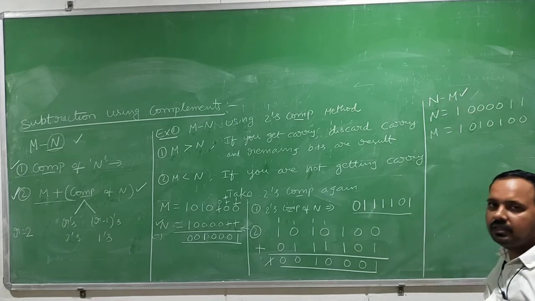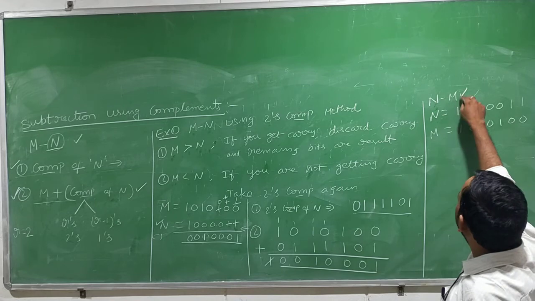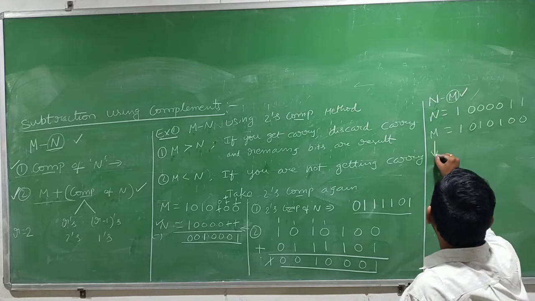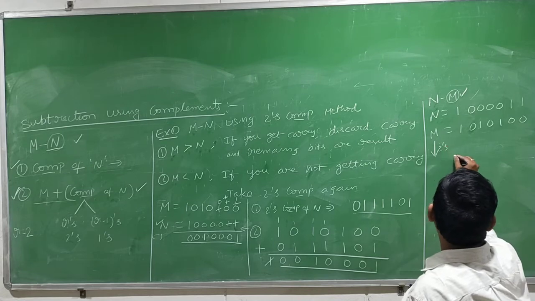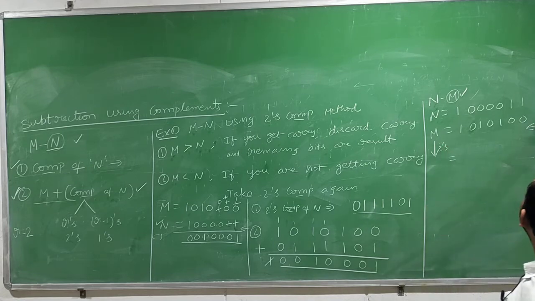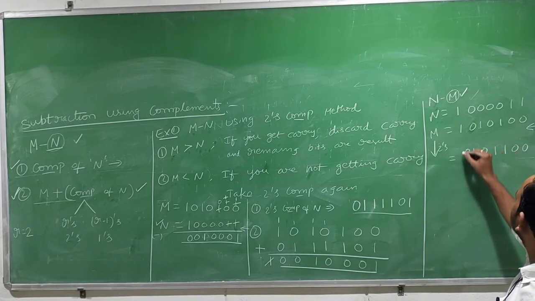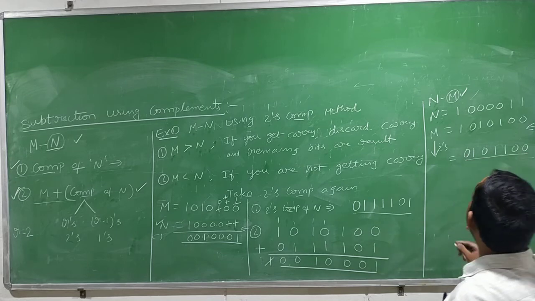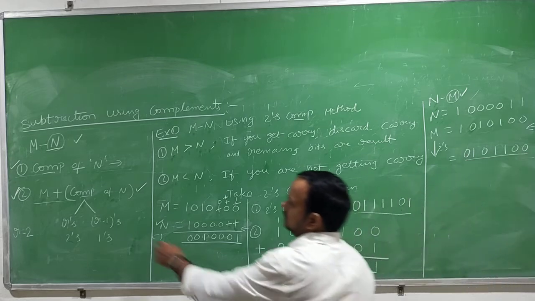Now I want to perform n minus m. So what I need to do is take the 2's complement of this m. Write the numbers copying from the right hand side until you get the first one, 0 0 1. After that take the inversion, 1 0 1 0. So this is the 2's complement of the given m. Now the first step is over.